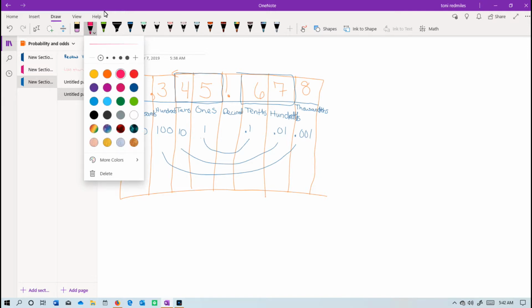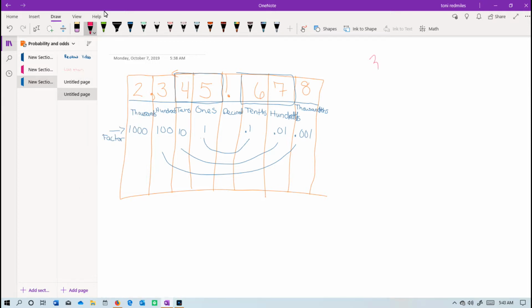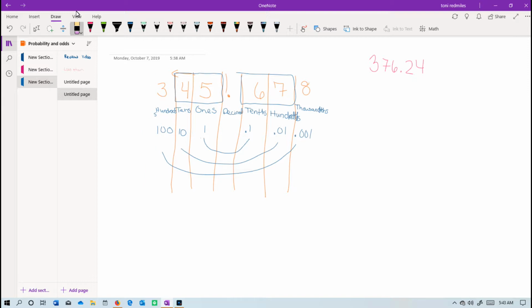So let's say I have the number 376.20. I can't use 3, I've already used 3. Let's say 4. I want you to tell me what each one of these places are. I'm going to erase this in a second. So pause and tell me what all the places of this number are.